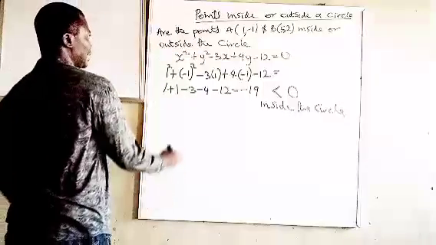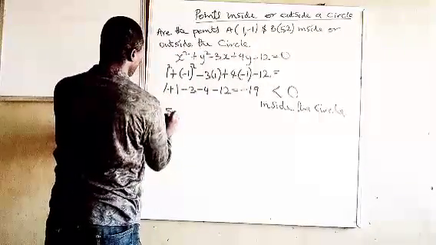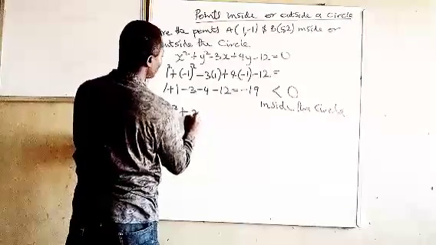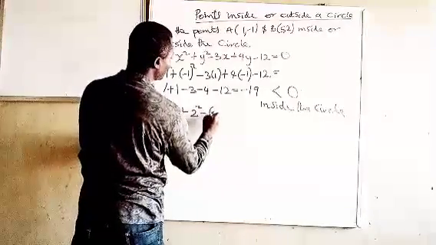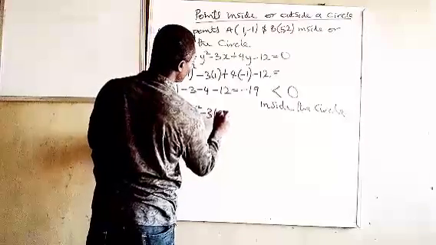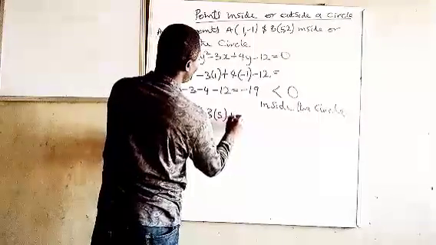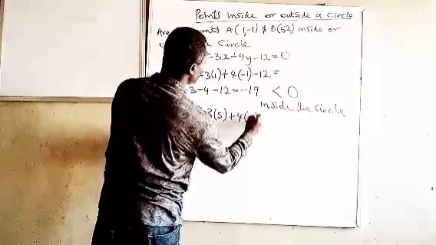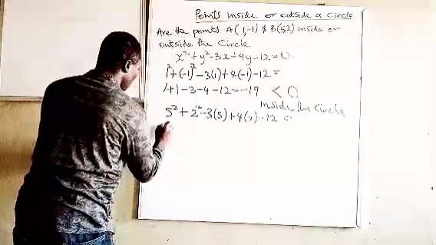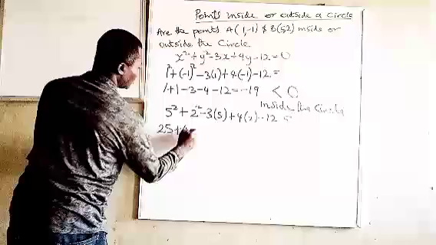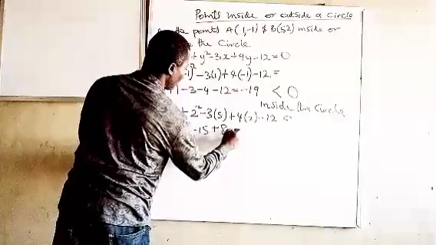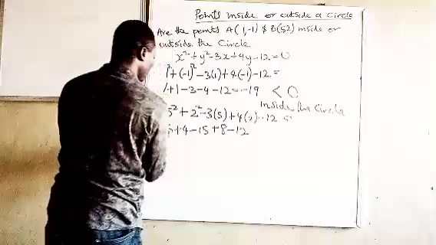For the other one, let's test. That gives us 5 squared plus 2 squared minus 3 into 5 plus 4 into 2 minus 12. That's what it gives us. 25 plus 4 minus 15 plus 8 minus 12.